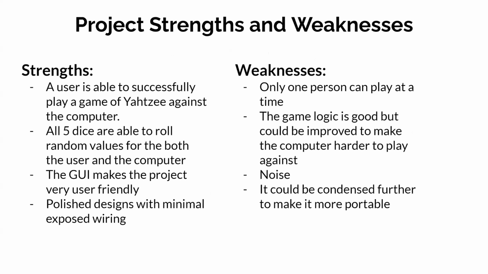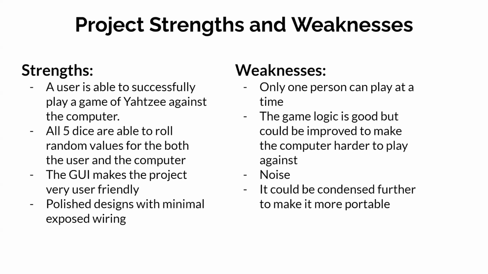Some of the strengths our project has is that overall, a user is able to successfully play a game of Yahtzee against the computer, which achieved our main goal. All 5 dice are able to roll random values for both the user and the computer. The GUI we have designed makes the project very user-friendly, and all of our physical components have very polished designs with minimal exposed wiring.